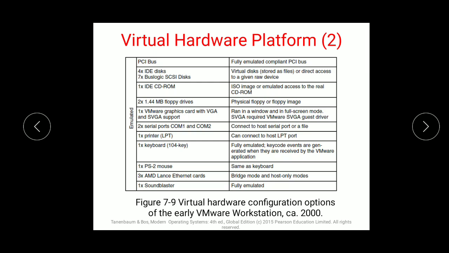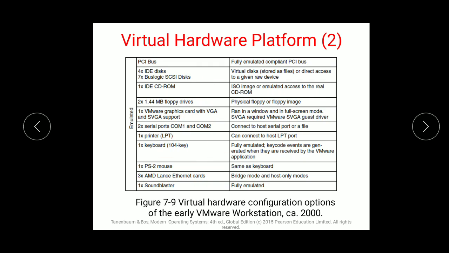Serial ports are connections which you can give for multitasking. 1 printer, your normal printer, 1 keyboard. These are the connections your x86 hardware is giving to your system. 3 AMD LAN Ethernet cards. Ethernet is also possible for networking. 1 Sound Blaster, that is the normal sound speaker. So these are all the connections in your virtual hardware of x86.